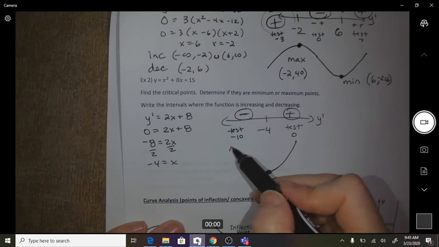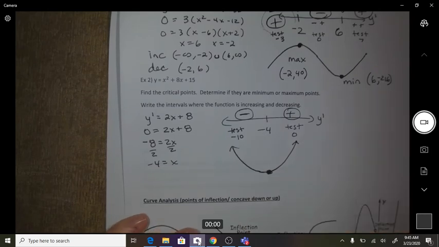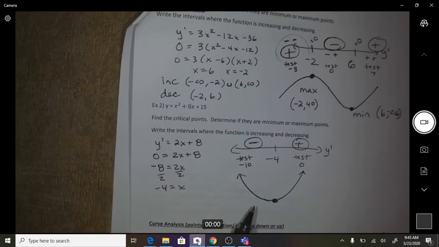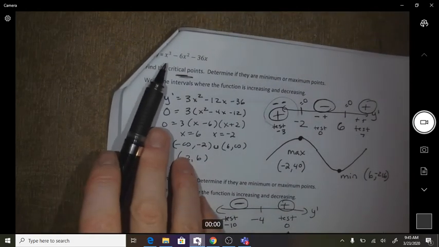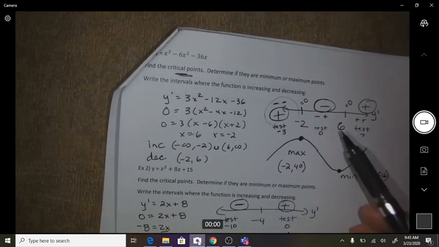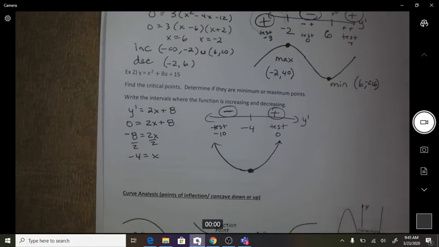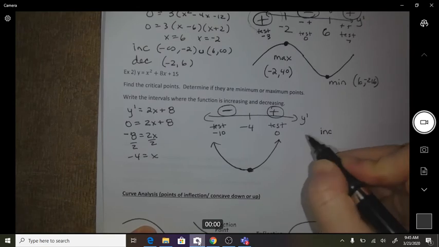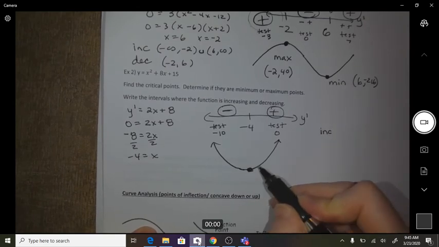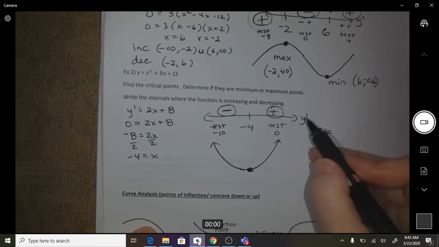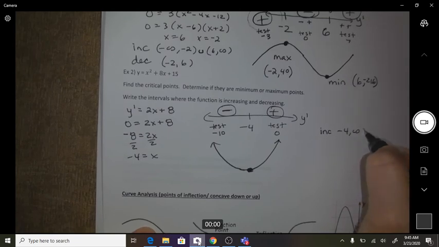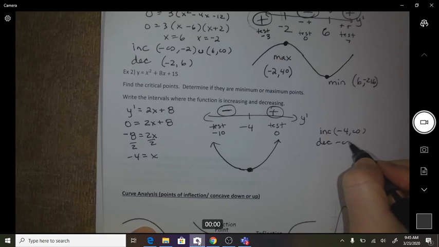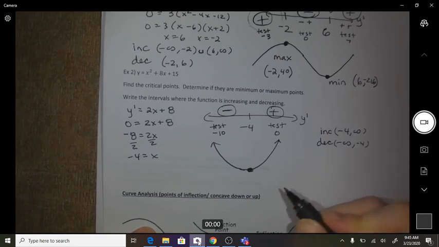Okay. We do know some things in our past that will also help us, right? Like this is a parabola, so I do know that shape. This was a cubic, so I know that it's going to make that kind of shape. Okay, so it's increasing from negative 4 to infinity. It's decreasing over the interval negative infinity to negative 4.